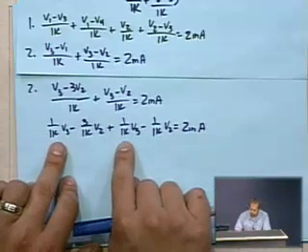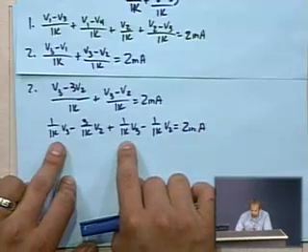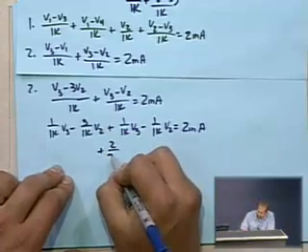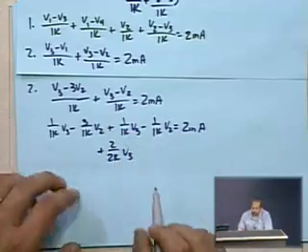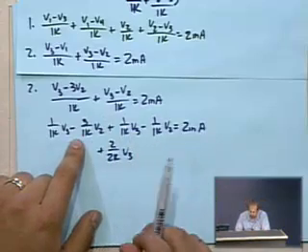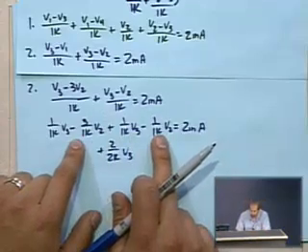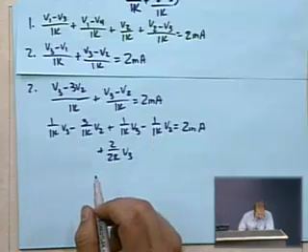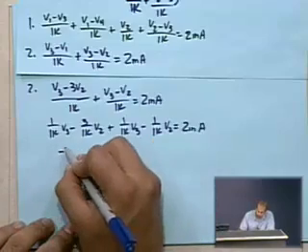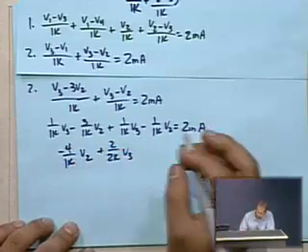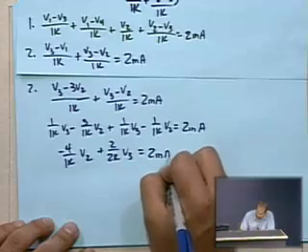The V3s, we've got positive 2 over 1K V3. And for the V2s, we've got a negative 3 here and a negative 1 here. That should be a total of negative 4. Negative 4 over 1K V2 equals 2 milliamps.